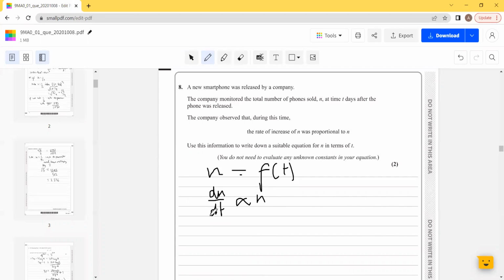So I can say that dn by dt could be equal to an.